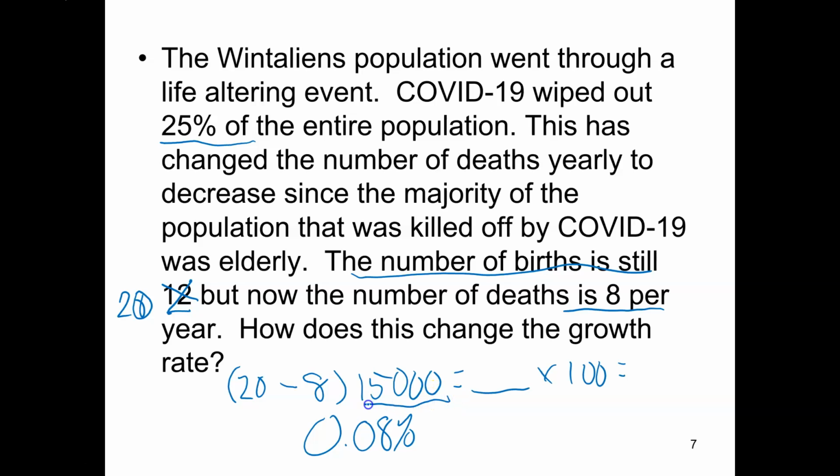And the whole population has decreased, so we're dividing by a smaller number, which gives us a bigger per capita growth rate. Hopefully this makes sense, and you can then use this information to answer other questions about other unique aliens that we might find, or fish people, mer people.